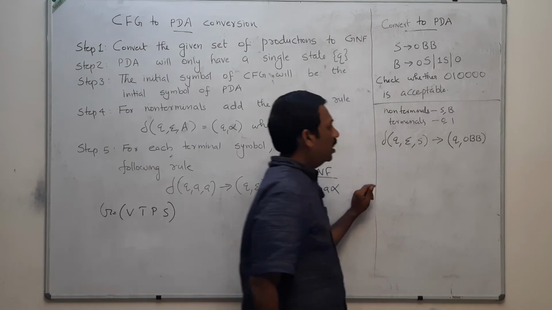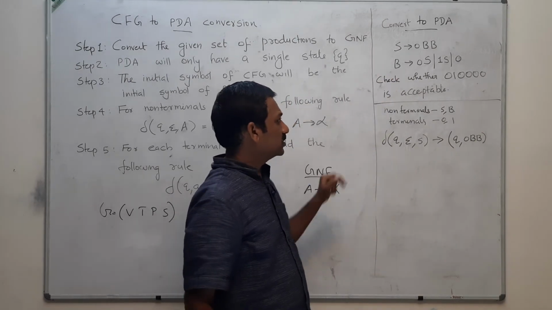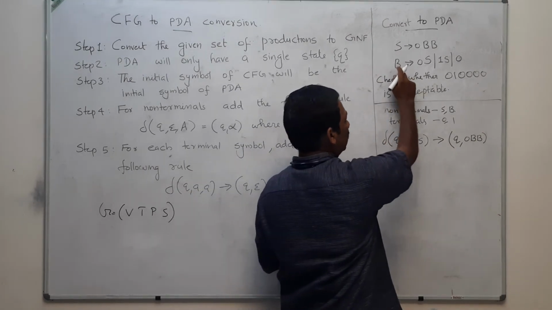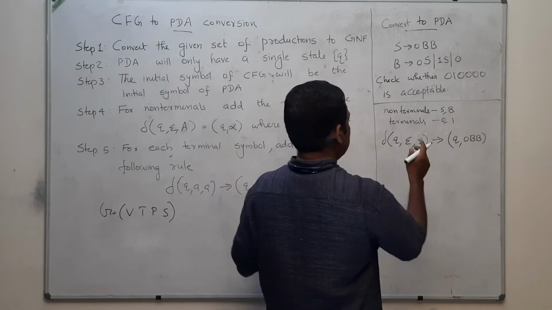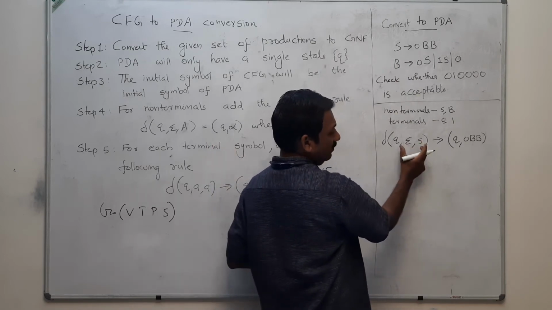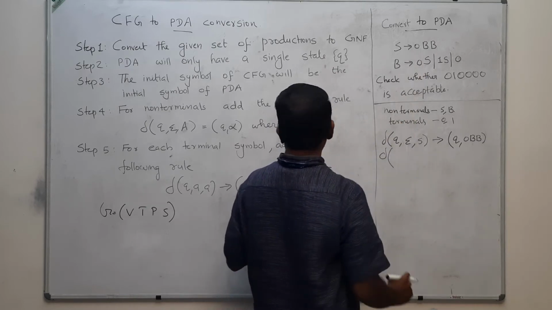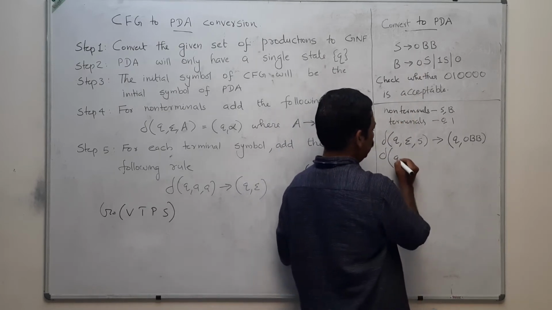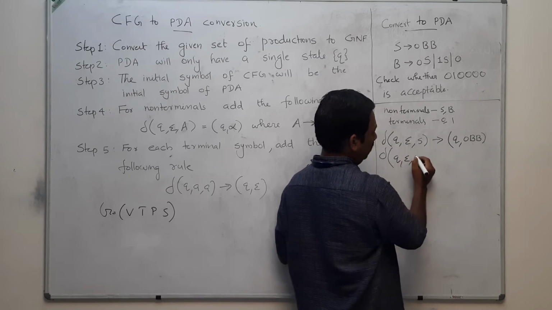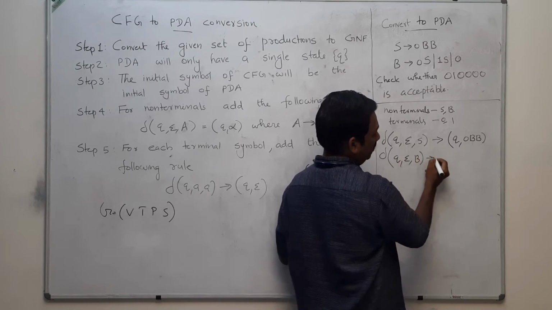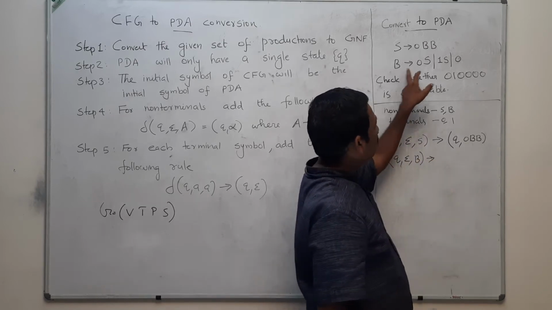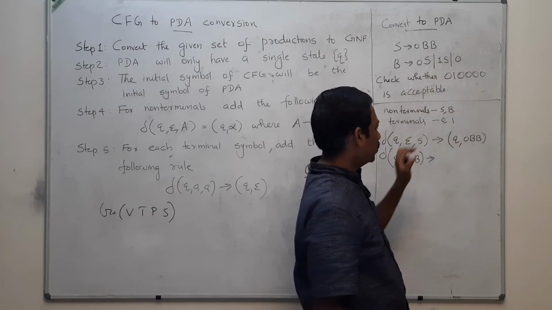Okay. And what are the B productions? That means for non-terminal S we have written this, and for non-terminal B, this is Q epsilon B derives. How many B productions are there? 0S, 1S or 0.